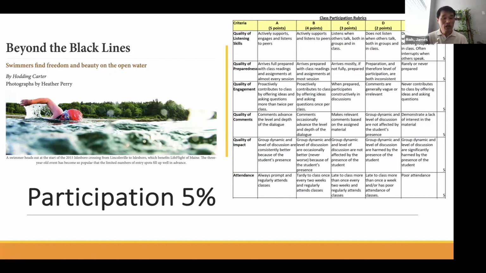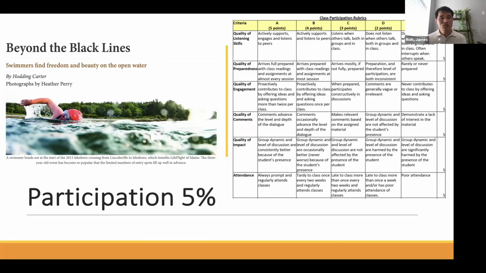But if we know how to swim, there's no fear, and we can find the beauty, we can find the freedom. Likewise, if we know how to participate, how to make a contribution in a class or in a group, it makes us free. It makes us find the beauty in associating with others, right? So I would say participation is like swimming. It's like a life skill.